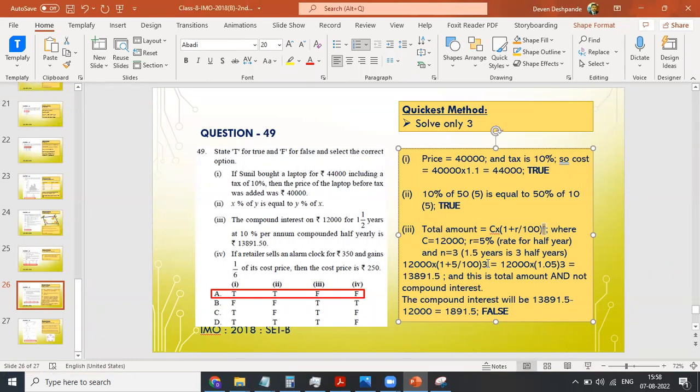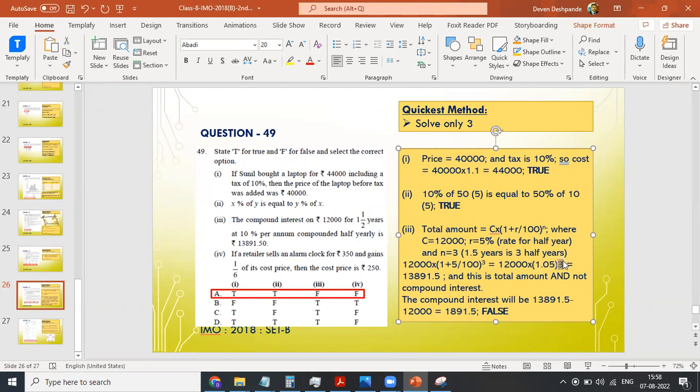So it will be 12,000 into 1 plus 5 upon 100, raised to how many half years? It is 3 half years, because 1.5 years is 3 times half years. 3 times 0.5 is 1.5. So again, it will be 12,000 into 1 plus 5 upon 100 raised to 3. 5 upon 100 is 0.05, so it is 1.05 raised to 3.